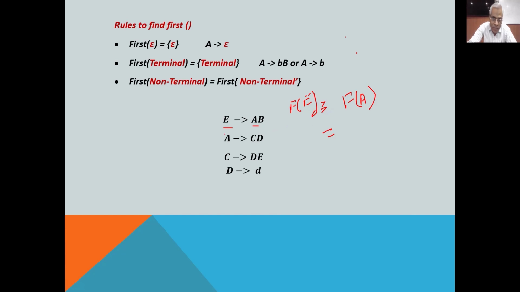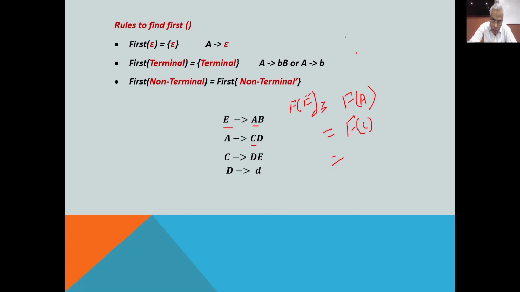The A on the left side is present in the second production, so we find first of A equals first of C. We will continue this concept till we get the terminal.